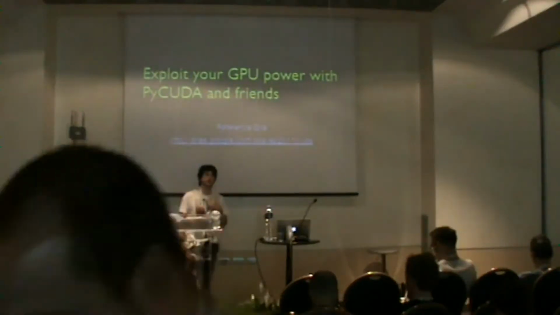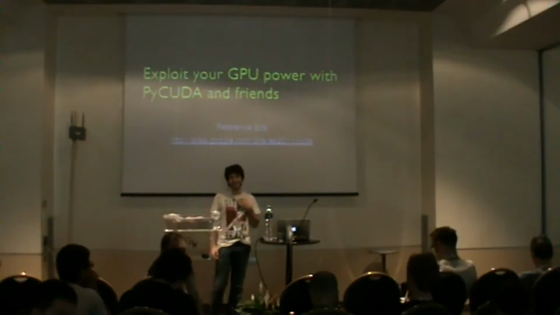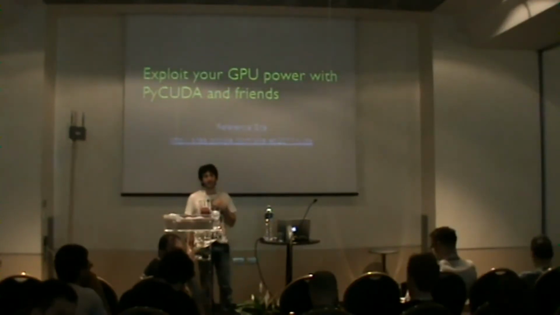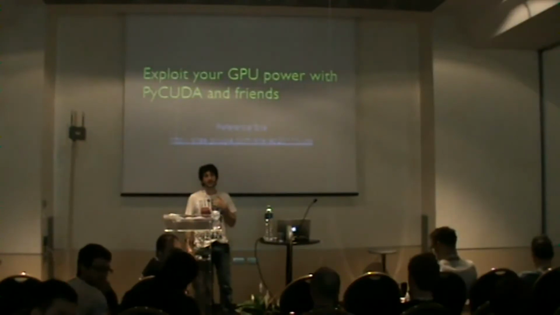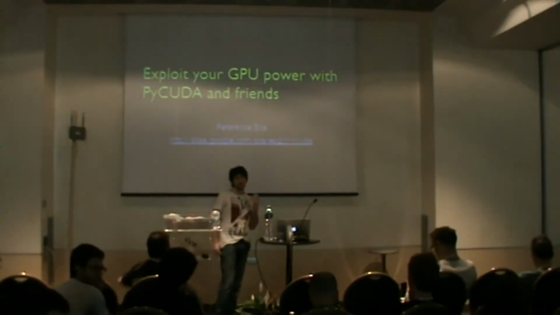You showed a simple example with two vectors, which are one-dimensional. That's a very simple example. But what about going to higher dimensions, so matrices or three-dimensional arrays? Is everything much more complicated? Can you easily use this? No, it's not much more complicated.